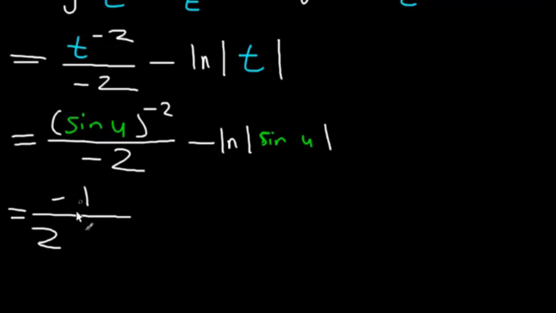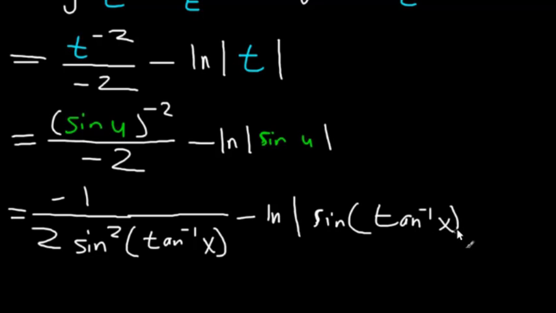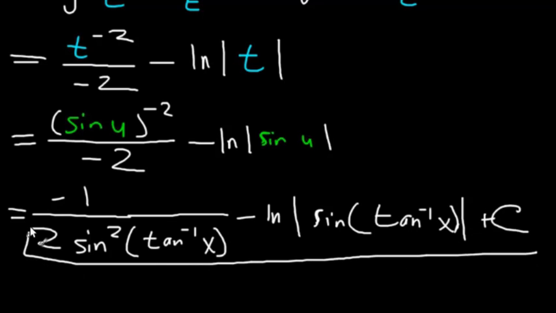So anyways, this is negative 1 over 2 times the sine squared of the arctangent of x, and then now we have minus ln the absolute value of sine of the arctangent of x. And so now we are done with this, so we can put the plus c and box our answer.